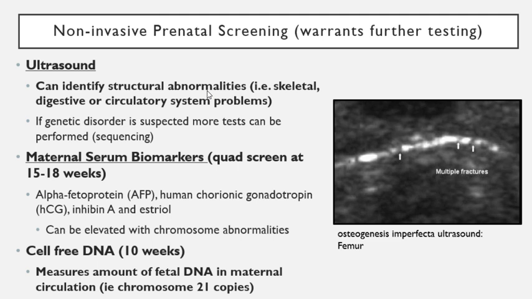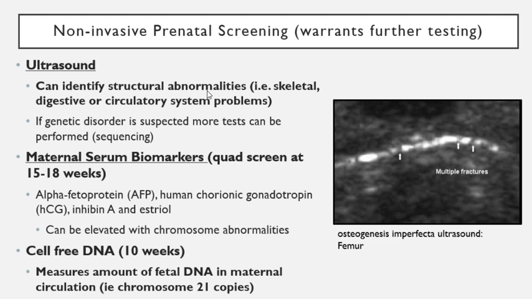You can also look at maternal serum biomarkers. They take the blood of the mother. This is a way that you can screen for Down syndrome. If you have abnormal copies of the 21st chromosome after getting pregnant, then there's a potential that your child has Down syndrome, and that DNA is leaking into the mother's blood. You can screen for that just with serum biomarkers.